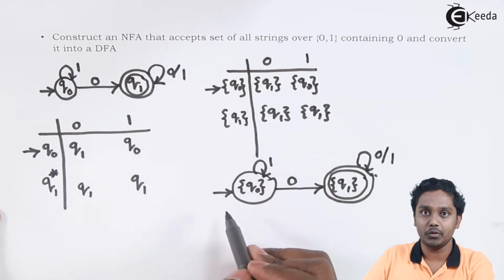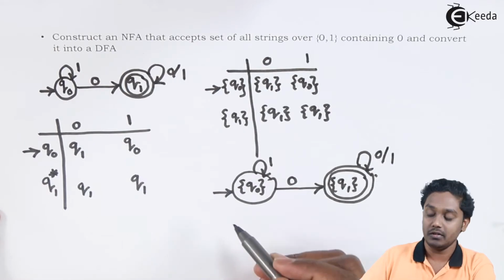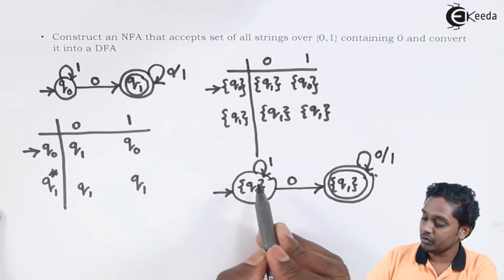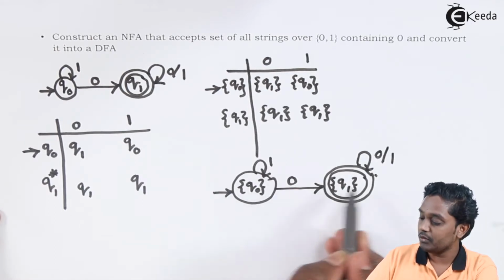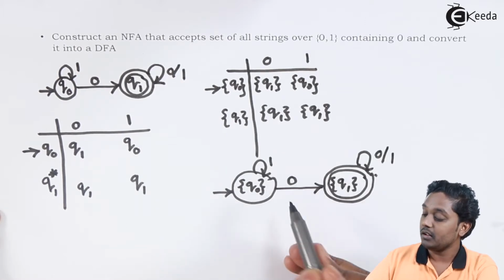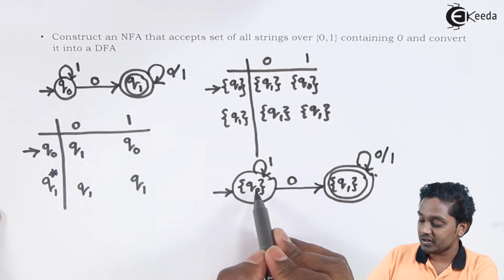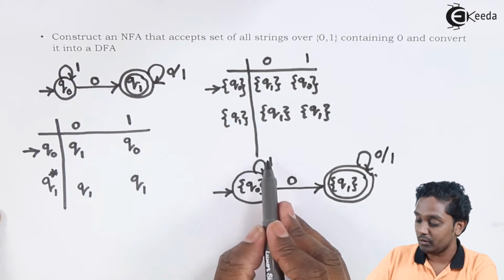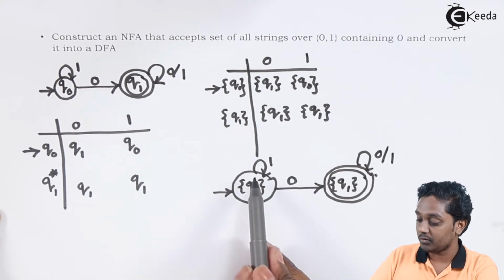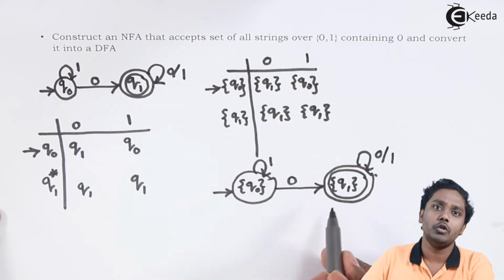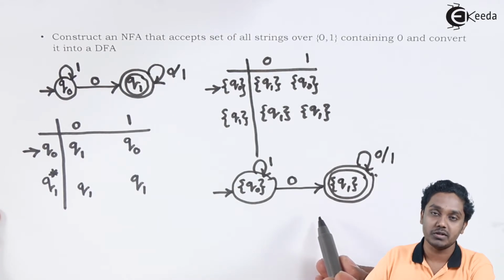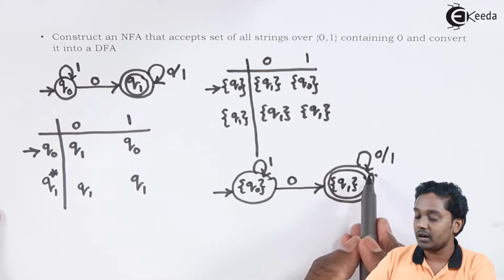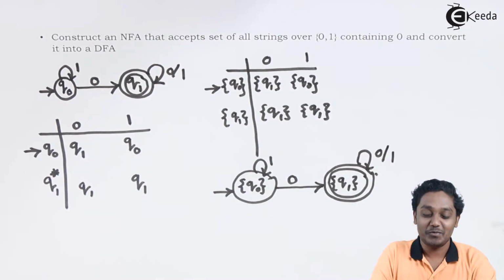So we start with Q0 and try to draw the transitions. From Q0, there is a transition to Q1 on the symbol 0. So we draw that using this arrow. Now, similarly, Q0 has a transition to Q0 itself on encountering 1. We represent that using this arrow. Similarly, Q1 has a transition to Q1 on both symbols 0 and 1. We represent that using a single arrow. We know that Q1 is the final state. We have to mark that in the transition table as well.